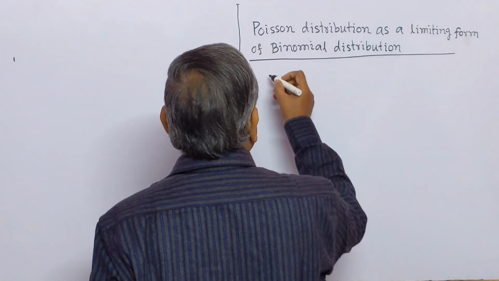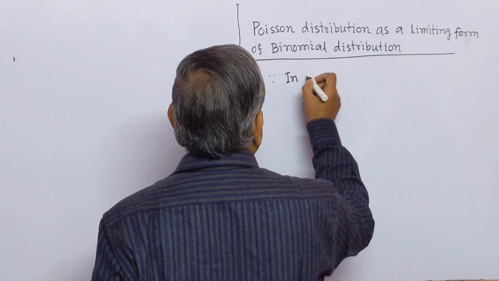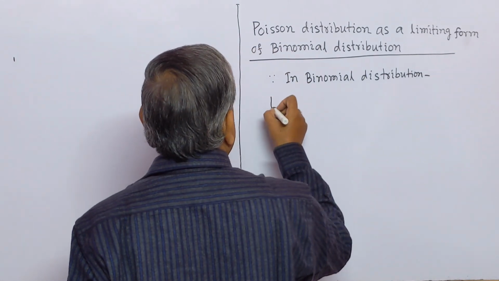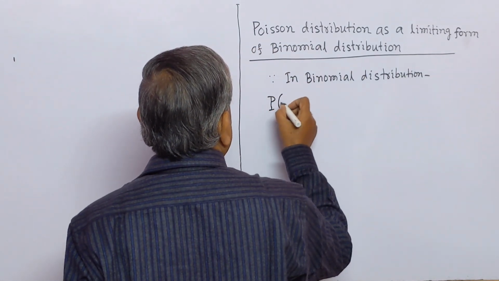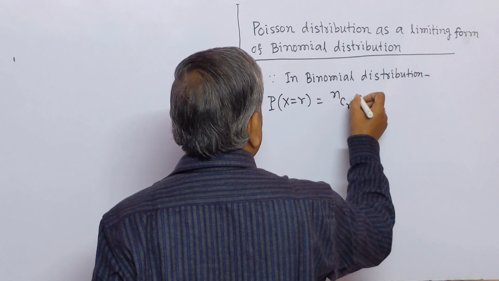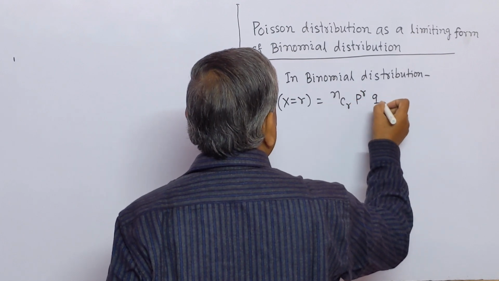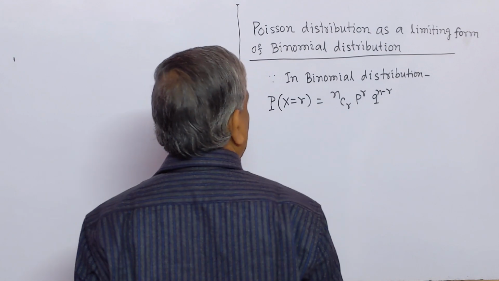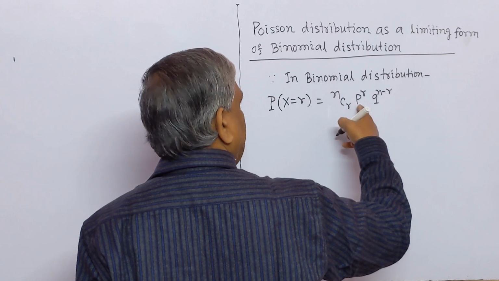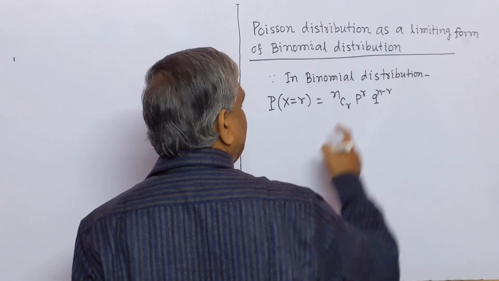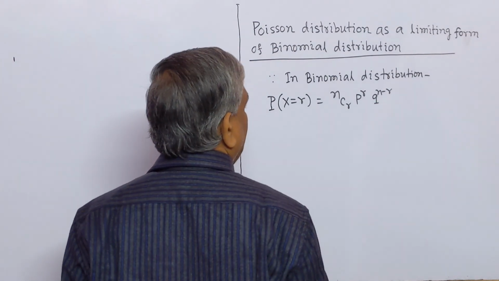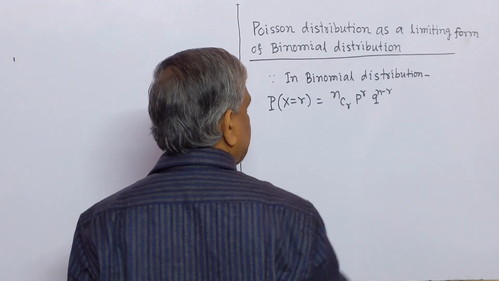Since in binomial distribution, the probability for random variable X equal to r equals nCr p to the power r q to the power n minus r, where n is the number of trials, p is the probability of success in a trial, q is the probability of failure in a trial, and r is the number of success trials.